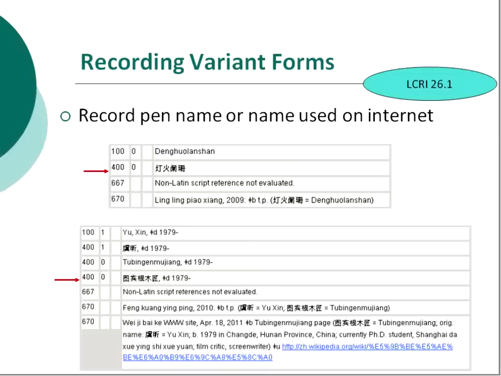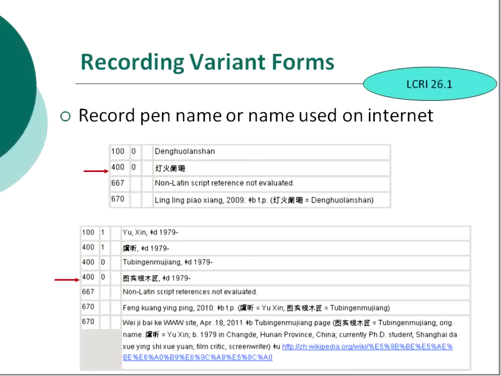Take a look at the first screenshot here. The author simply published under his or her pen name without disclosing his or her real name. So in this case, we set up a heading under the author's real name, and then the non-Latin script reference is provided in the reference field.